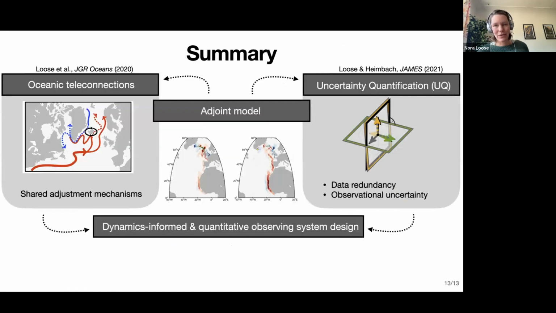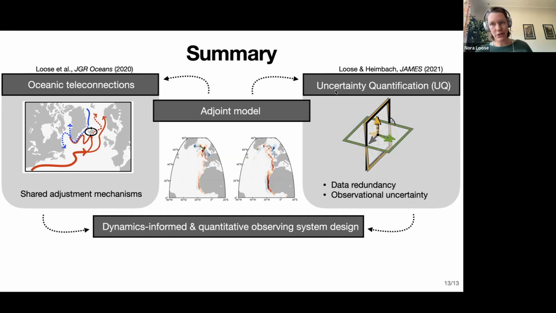Okay, so let me just sum up briefly. At the center of my talk was the adjoint model, and the adjoint model produces sensitivity maps like these, right? And these can be interpreted in two ways. First, these sensitivity maps systematically uncover oceanic teleconnections and shared adjustment mechanisms.